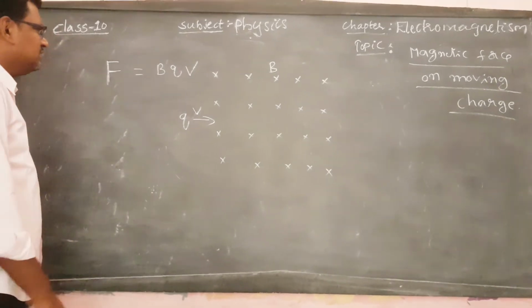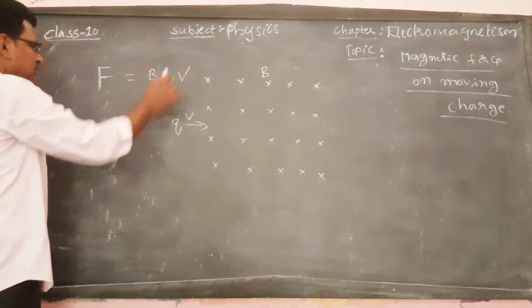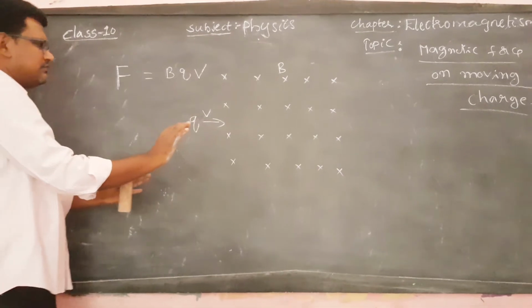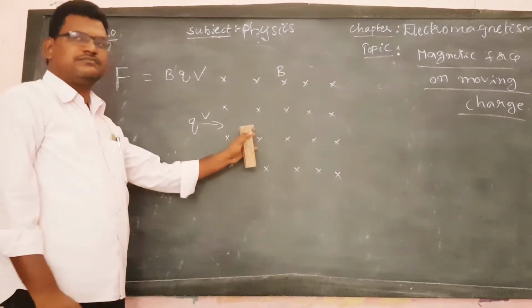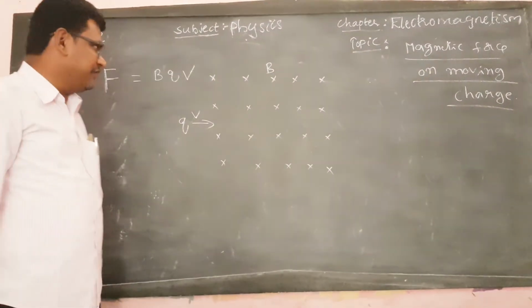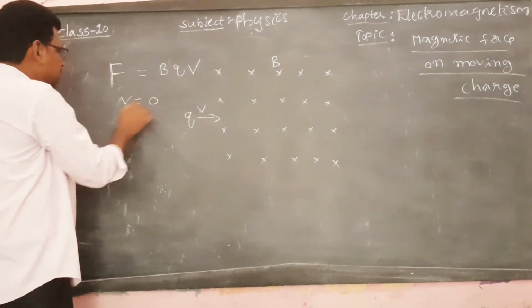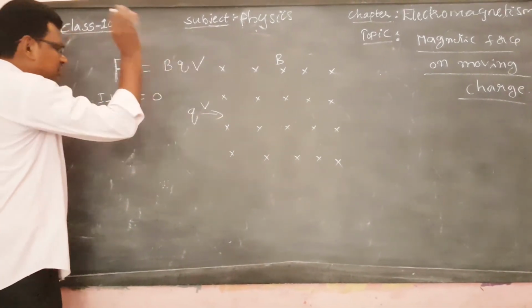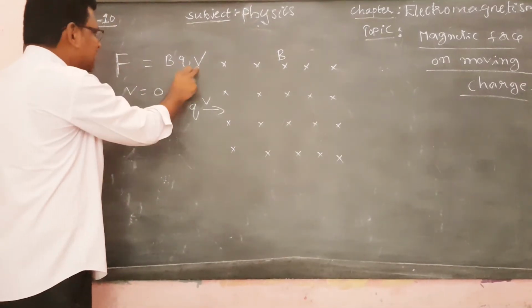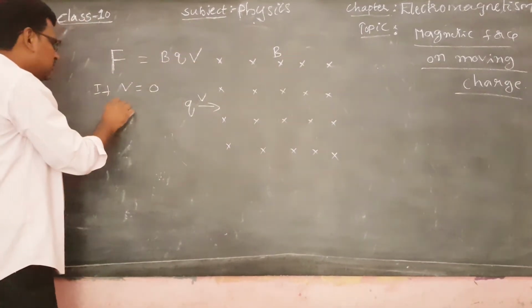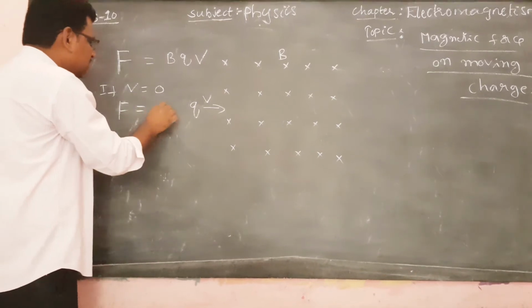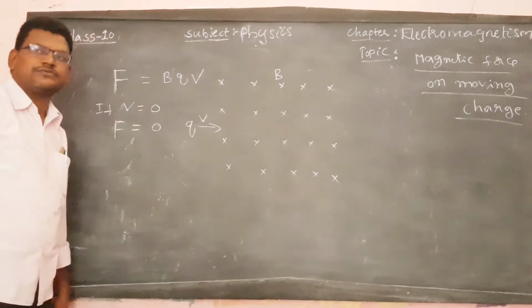Suppose the charged particle remains at rest in an external magnetic field, that is, there is no velocity. If we substitute V equals 0, the magnetic force F equals 0.